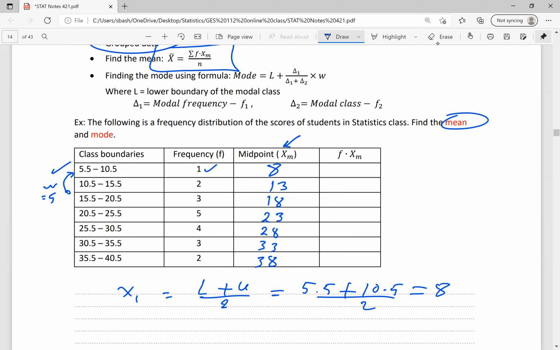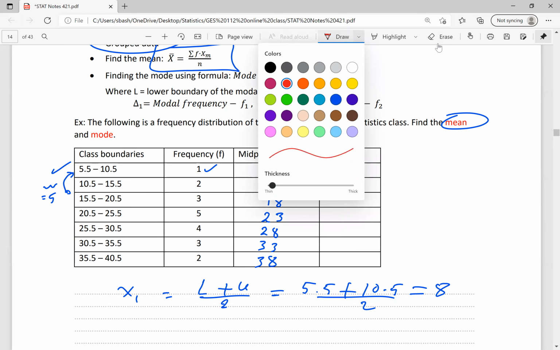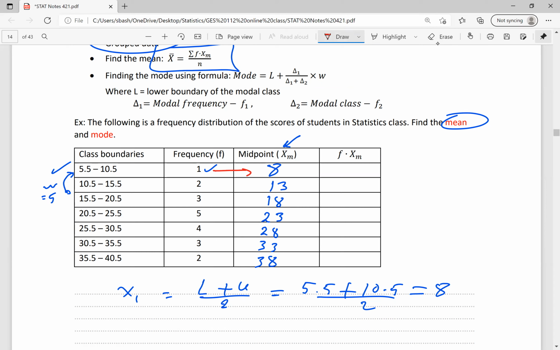The first one, multiply these two. 1 times 8 is 8. 2 times 13 is 26. 3 times 18 is 54. 5 times 23 is 115. 4 times 28 is 112. 3 times 33 is 99. And 2 times 38 is 76.